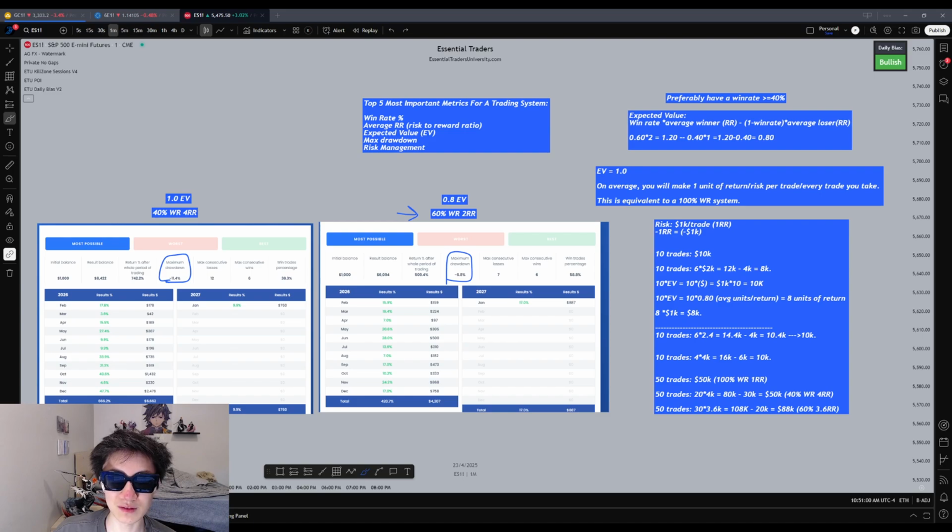Some people always pick the system that performs the best, which obviously makes sense on paper, right? Typically you want to pick the system that performs the best. However, if two systems have very similar performances that aren't too far apart, you want to pick the system that best fits your psychology.